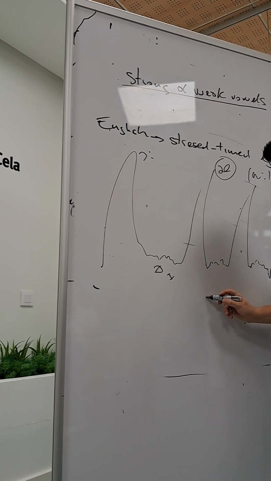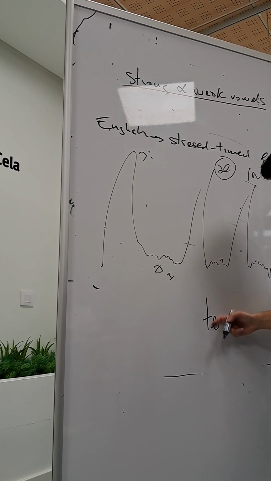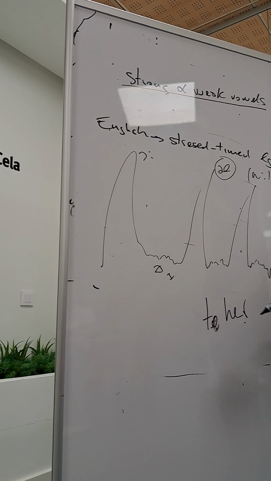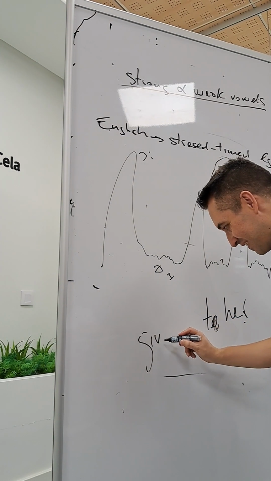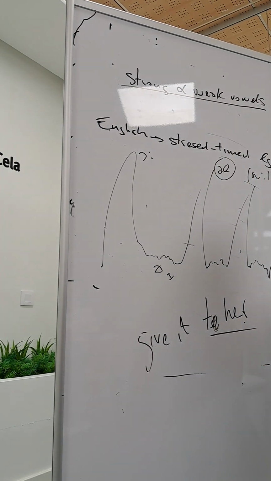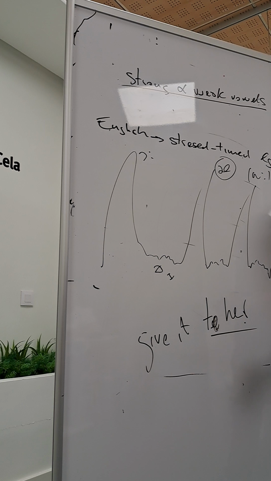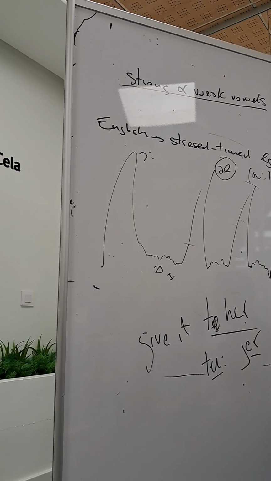My students laugh at me, the basic ones, when I say this. Blah blah blah. Give it to her, and they're like ta, because a Spanish person would say tu her, they have 5 sounds.